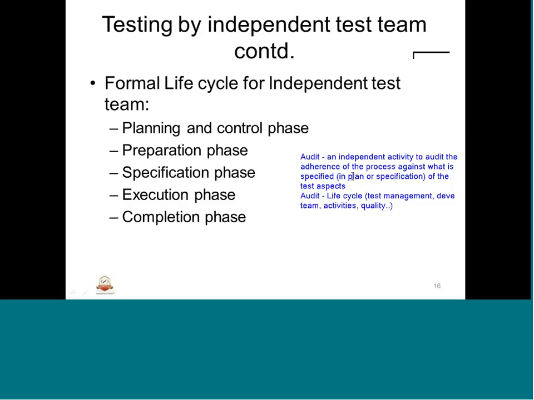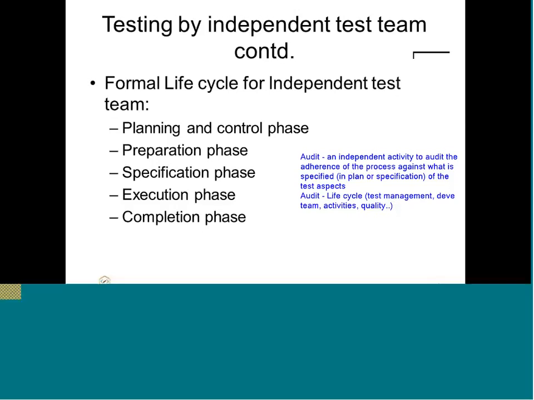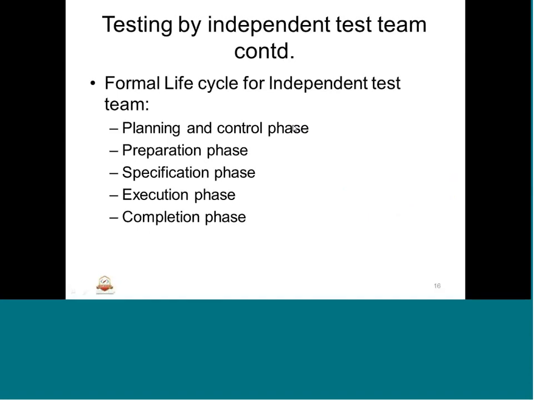Quality is a different thing. Audit is a different thing. So these are some of the formal life cycle aspects that are used. Okay, so that is about testing by developers and testing by an independent team.